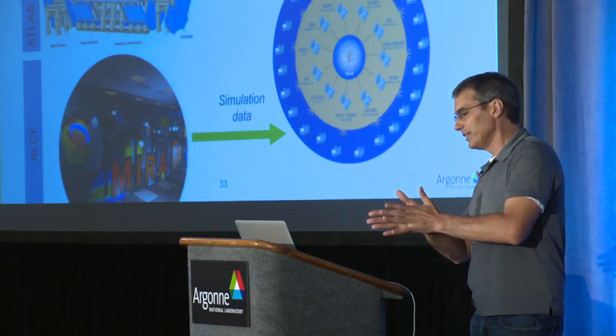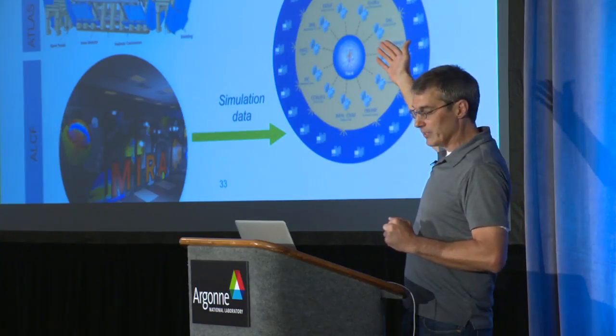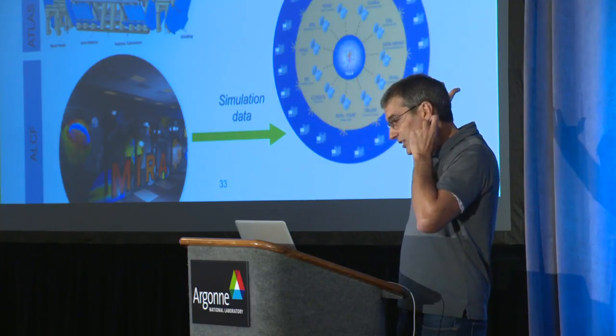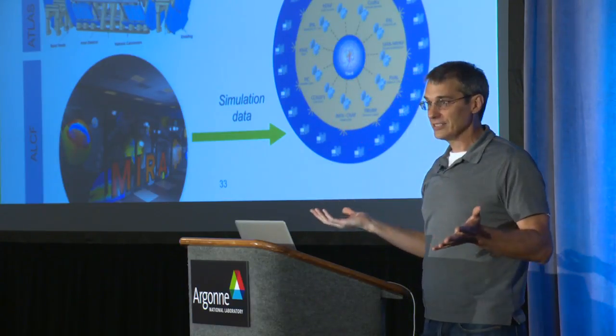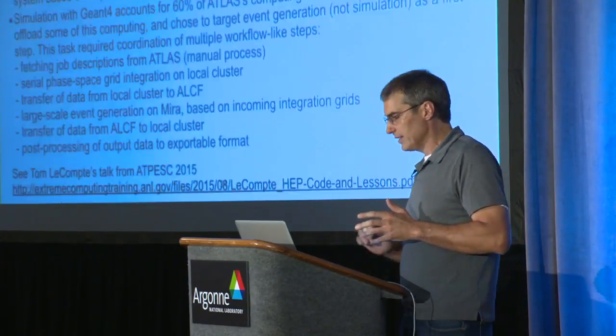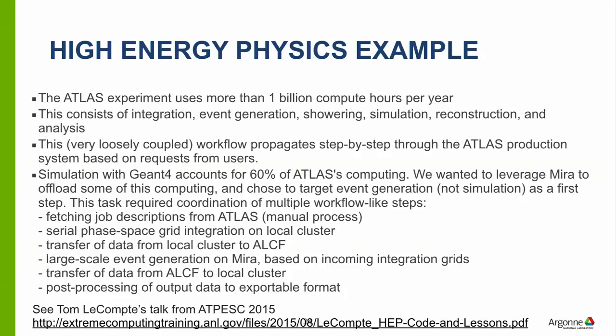That idea of workflow really occurs at multiple different levels. And so here, if we think about the flow of data from the detector or from simulations on large machines into this computing grid and into final analysis, this is a huge, long, in fact, very disconnected workflow that proceeds across these systems over time, and it takes a long time. So the ATLAS experiment, in order to do their work, uses over 1 billion compute hours per year.